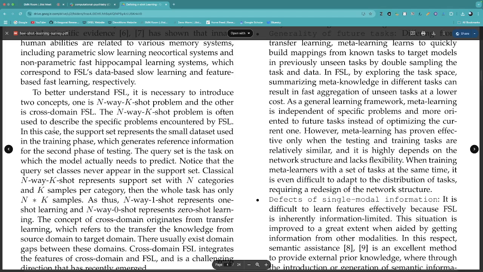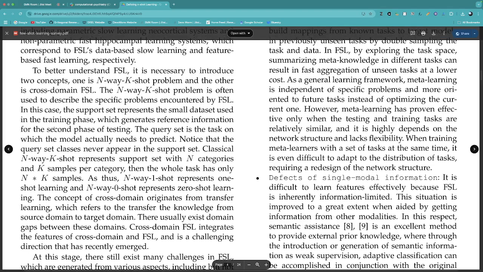So classical N-way K-shot represents support set with N categories and K samples per category. So you have categories with samples in each category. Then the whole task has N times K samples, and thus N-way one-shot learning represents one-shot learning, and N-way zero-shot learning represents zero-shot learning.